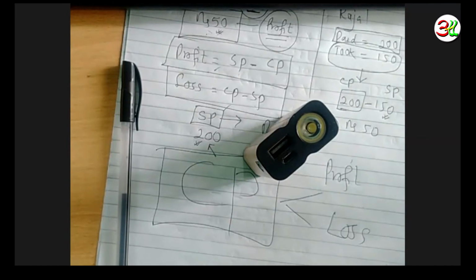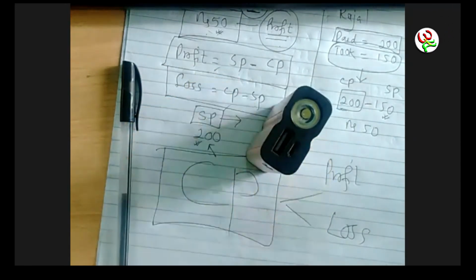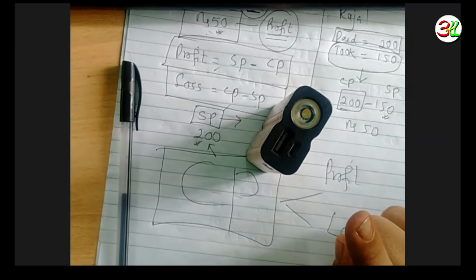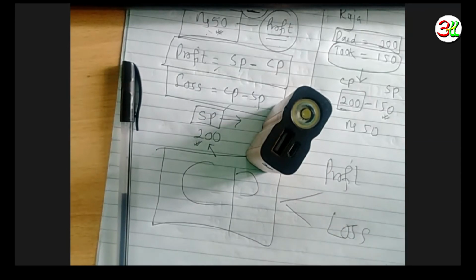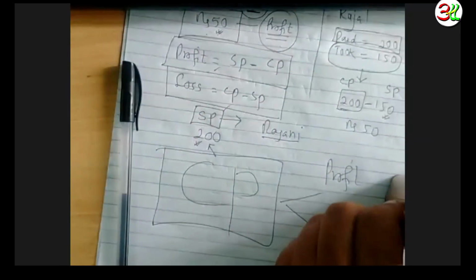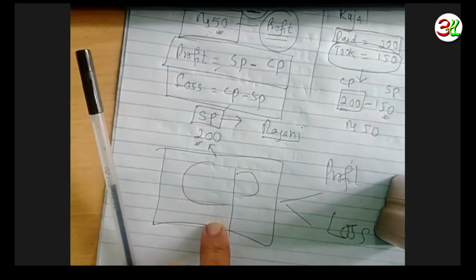Now Rajal, tell me what happened to me, profit or loss? I sold it at 5,000.